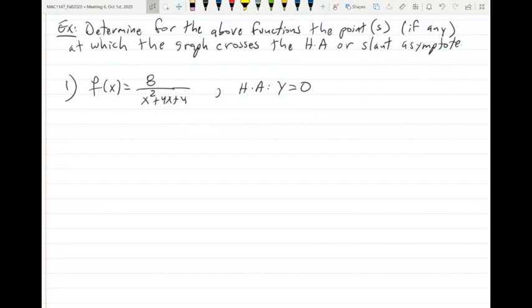So in general, how is it that you answer this question? How is it that you check whether two functions intersect or not? How do you check for two graphs crossing each other? Anybody? For example, when you have two lines, if you're given two lines, how do you check whether they cross or not?